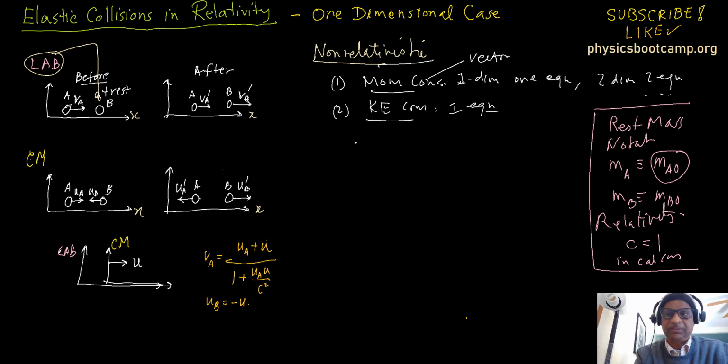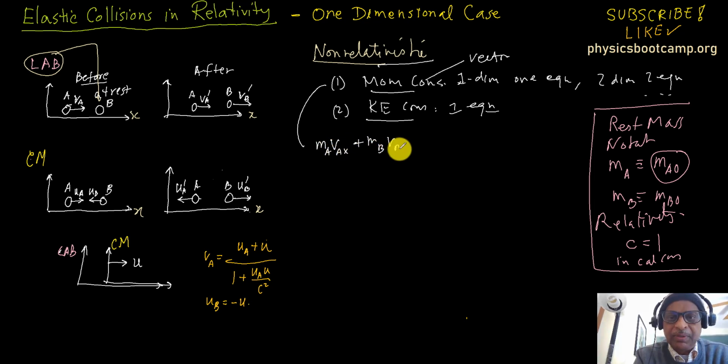All right, so here, just along the x direction: ma vax plus mb vbx equals ma vax prime plus mb vbx prime.